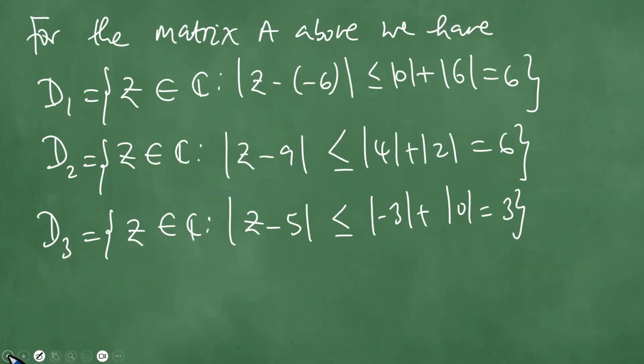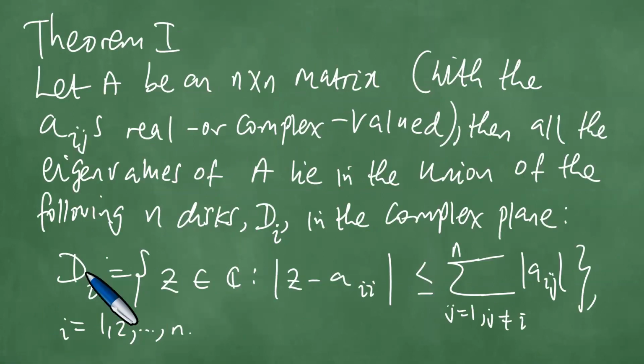Now, theorem 1 mentions that if you let A be an n by n matrix with the aij's real or complex valued, so these are the entries in the matrix, then all the eigenvalues of A lie in the union of the following n disks, Di, in the complex plane.